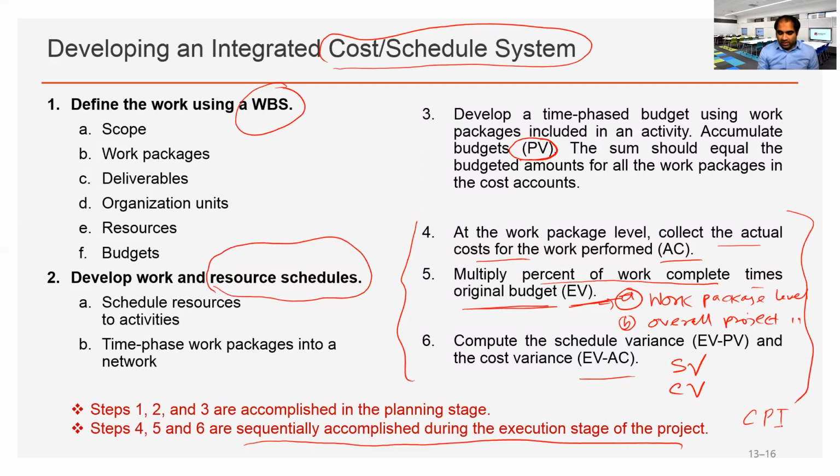If we look into the CPI index, we should have some understanding of the overall performance of the project. So there are a number of indexes that we can calculate once we have step 6 done. Once we have the SV and CV numbers, we can then calculate a number of indexes to have an idea of the overall progress and performance of the project.